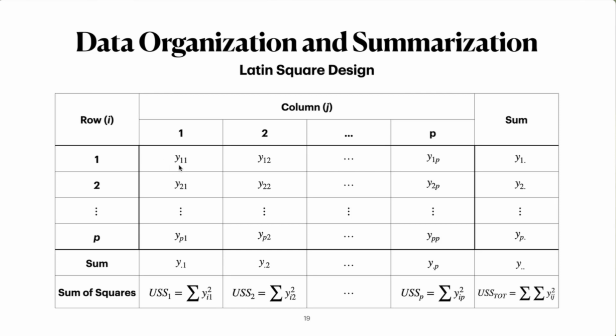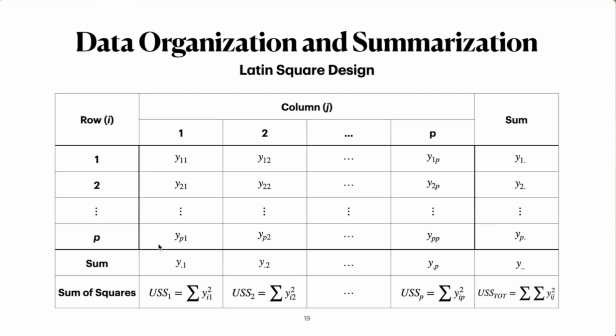In addition, at this point, notationally, we really wouldn't know which treatment has been assigned here. So it's easier just to leave that k off so that we don't clutter up the notation. Okay, so in the body of the table, we have the actual observed data.